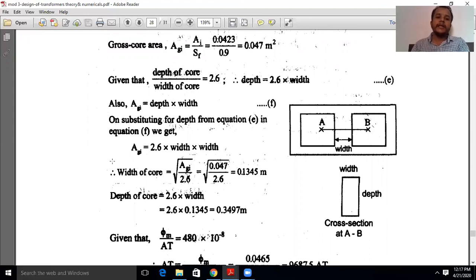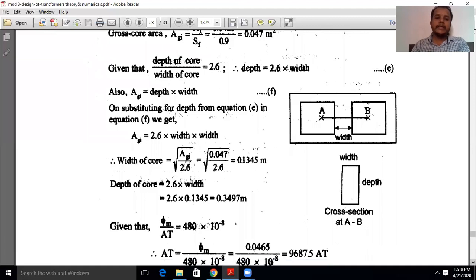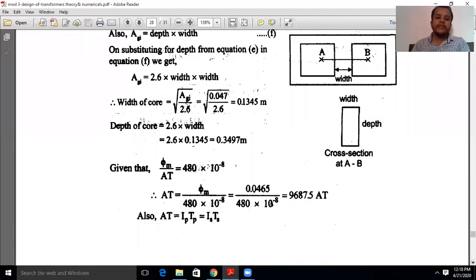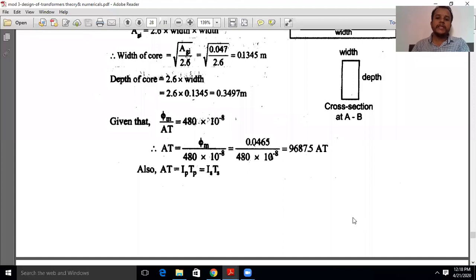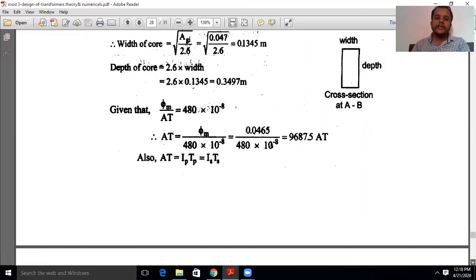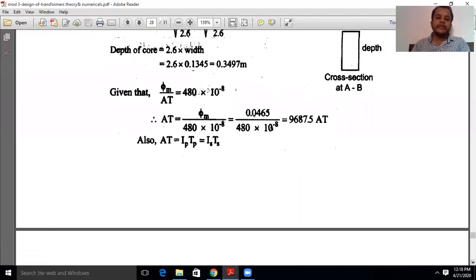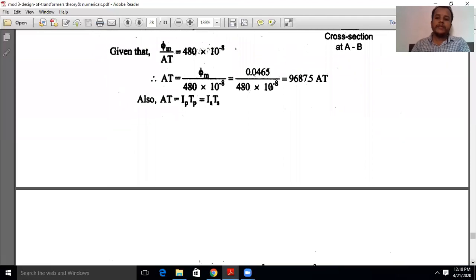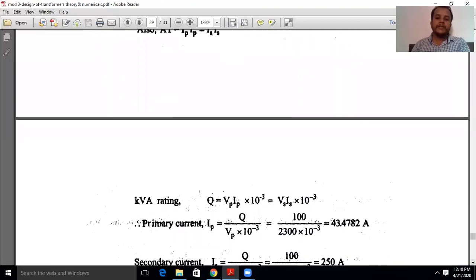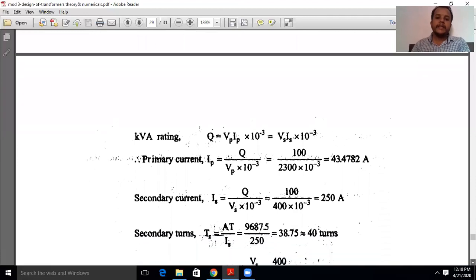Width is calculated here, and after this we can calculate the depth of the core. Once the width and depth are calculated, and the ratio is given, then we can go for the ampere turns. By using the relation AT is equal to IP TP is equal to IS TS, we can have the primary number of turns and the secondary number of turns, with IP and IS as calculated.